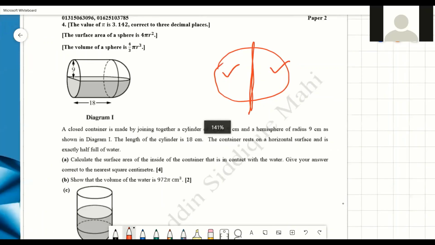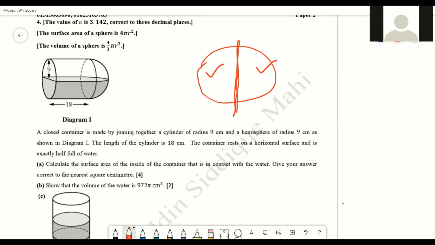And what are cylinders? The structure of a cylinder is like, for example, a Coke or Pepsi can. But it has to have a uniform cross section.